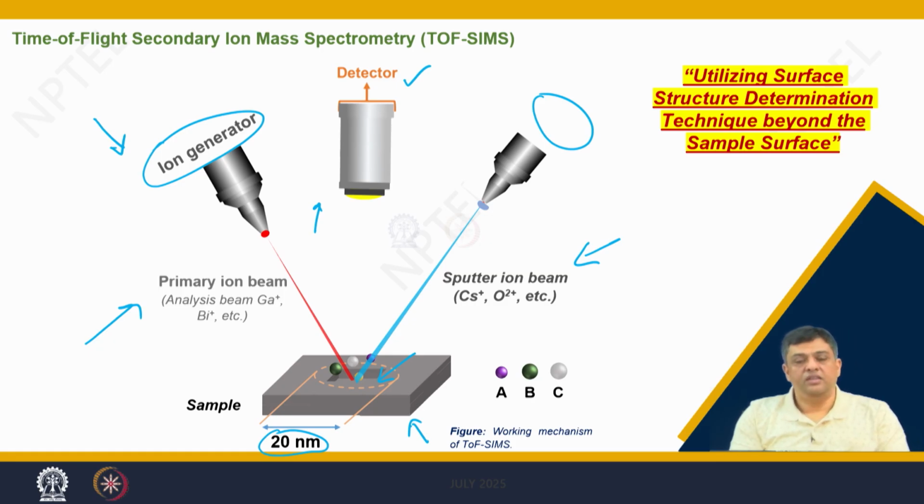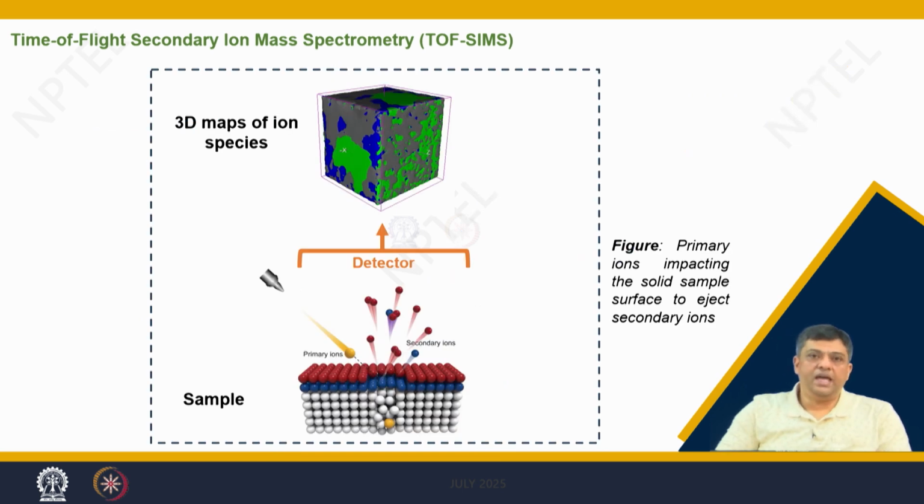The thickness of the layer which will get ablated would depend on the energy of the sputter ion beam. And you can then easily get the 3D maps of the ion species which are available on the surface, and also you can get information about the depth of the sample.